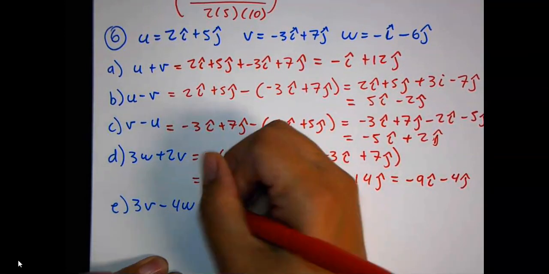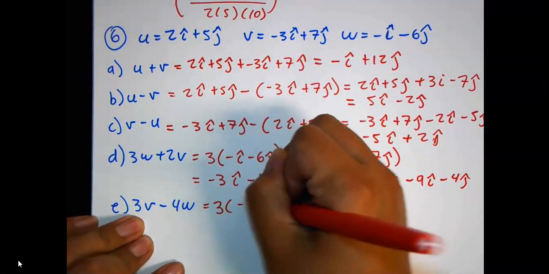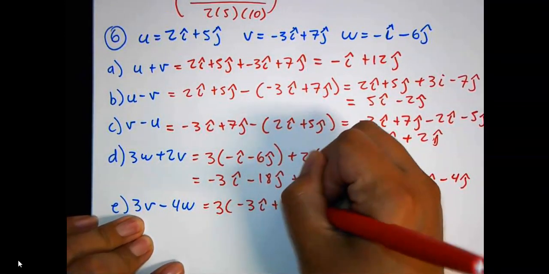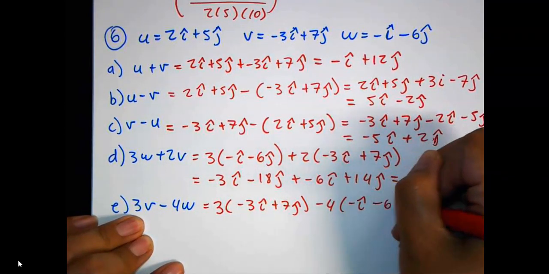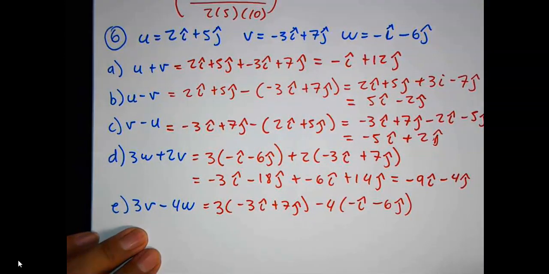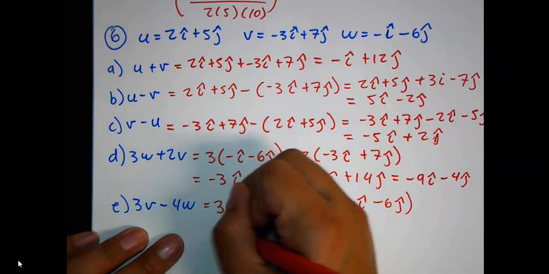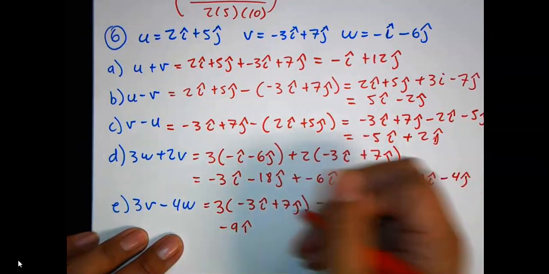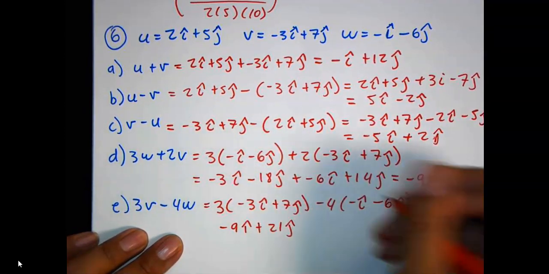Next one, 3 times negative 3i plus 7j minus 4 times negative i minus 6j. We gotta distribute. So 3 times negative 3 will be negative 9i. 3 times 7 will be 21j.